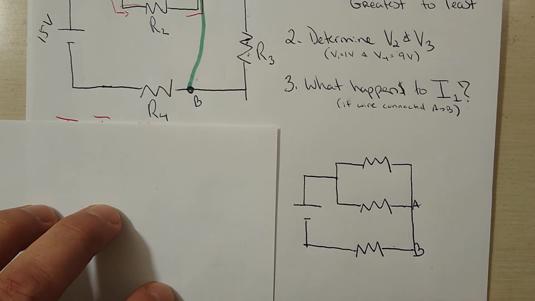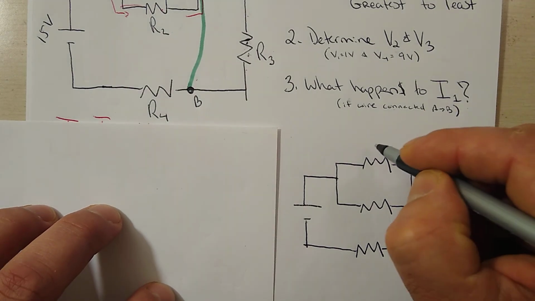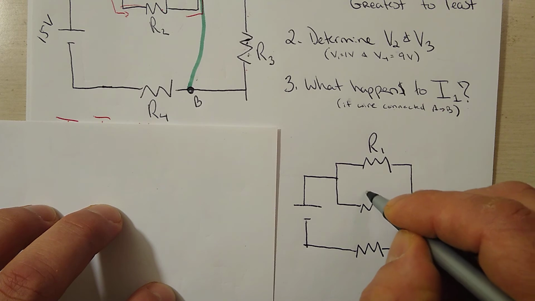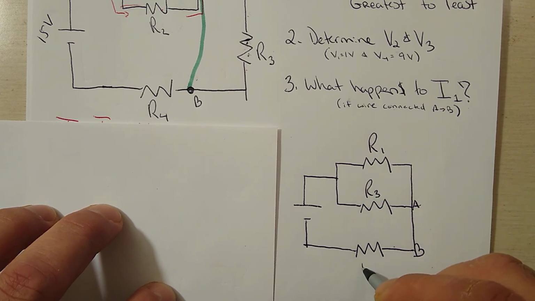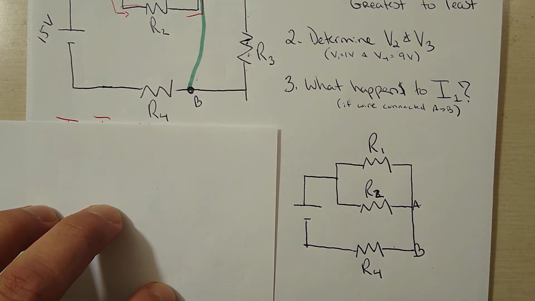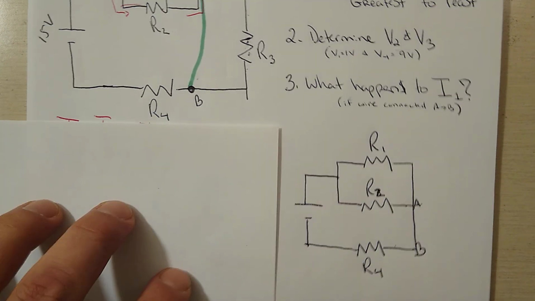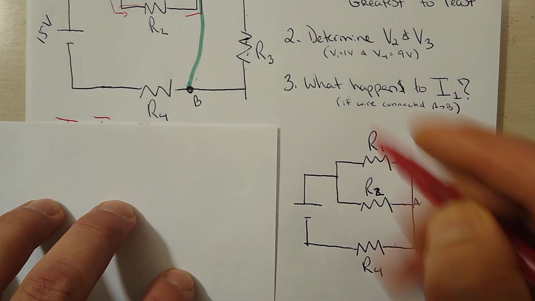So if I were to just redraw that circuit, when we short circuit it, it would just look like this. Okay, so now let's figure out what would happen to I1, the current going through the first resistor, if this was our circuit.